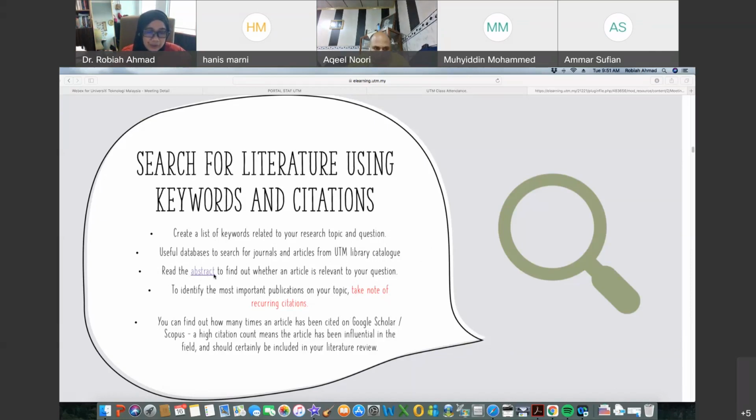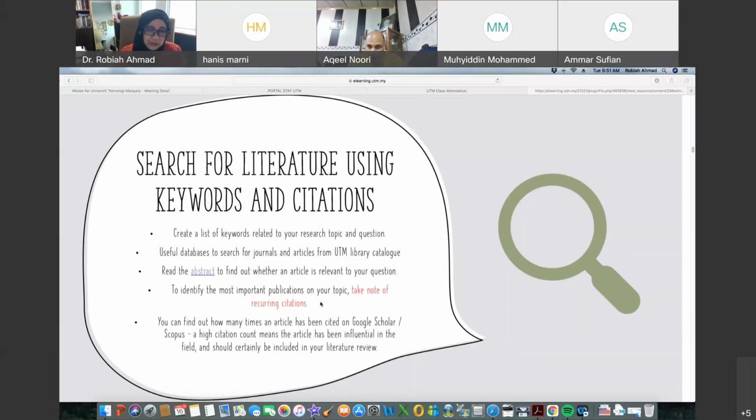Read the abstract. So this is the first thing, as I mentioned earlier, to find out whether the article is relevant to your question. Identify the most important publications on your topic. Take notes of recurring citations. Because sometimes when you read a lot of literature, you find that in your particular area, researchers always have recurring citations.